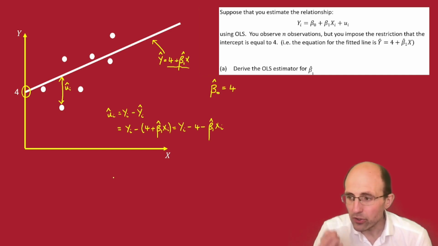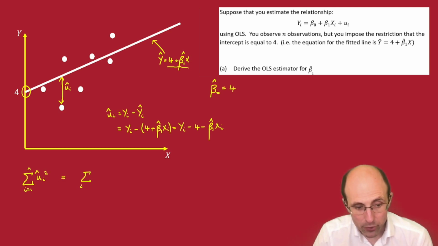So we're trying to construct our estimator such that we minimize the sum of squares of these ui hats. And that's going to be the same as minimizing the sum of squares of yi minus 4 minus beta 1 hat xi.